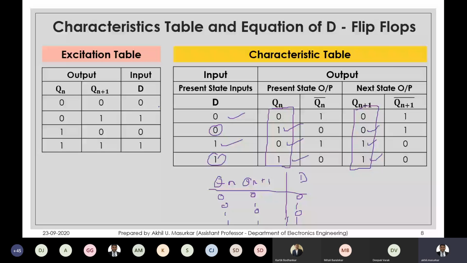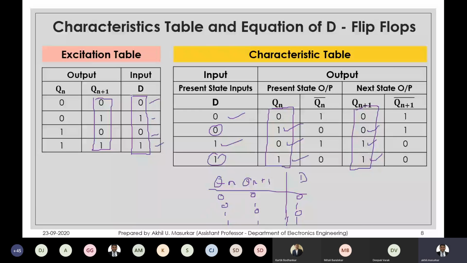One observation here in D flip flop is that the next state output is equal to the current state input. And that is why it is called a delay flip flop.